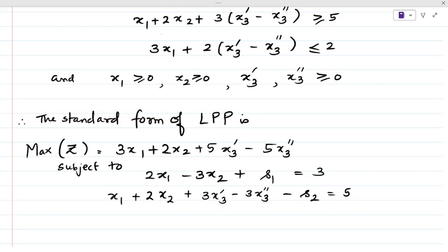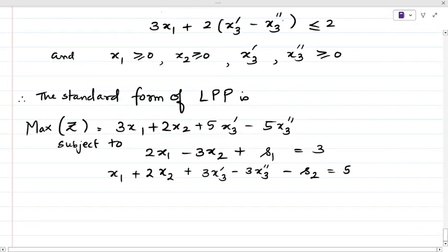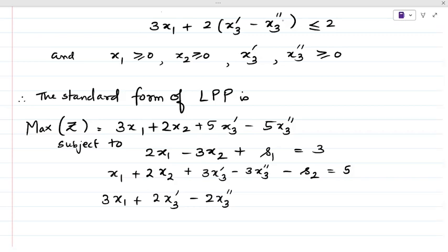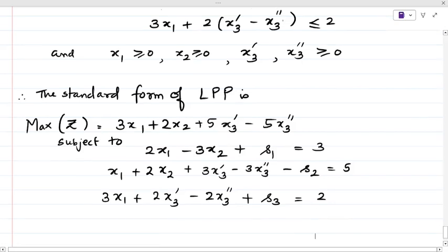And then the next one will be 3x1 plus 2x3 dash minus 2x3 double dash, and then here it will be plus of s3 equal to 2. So this is what is there.